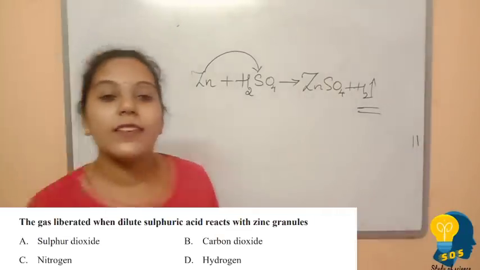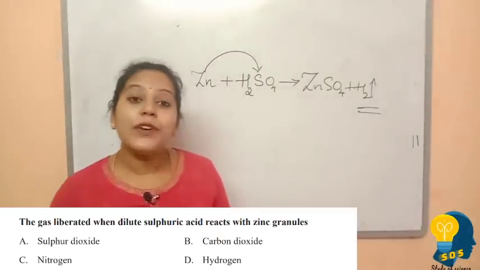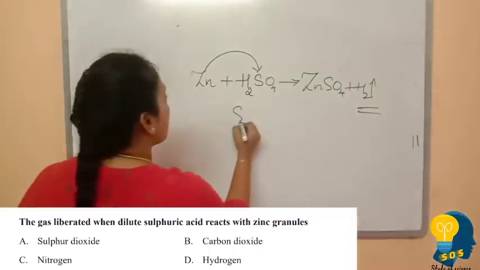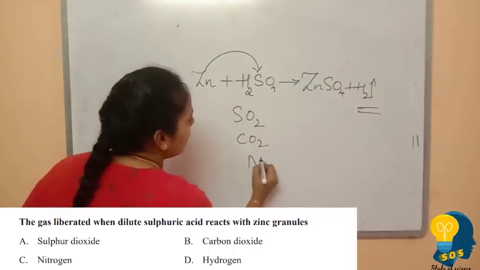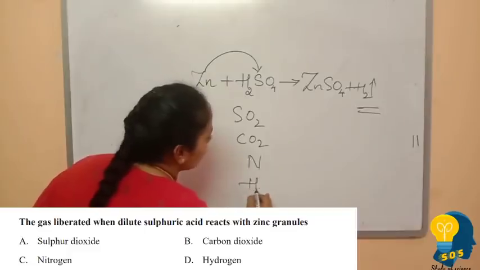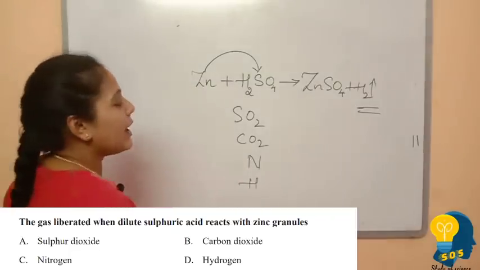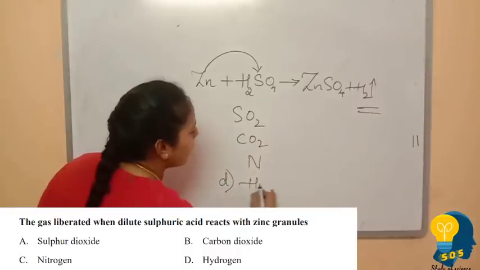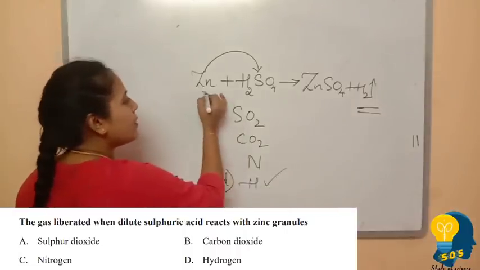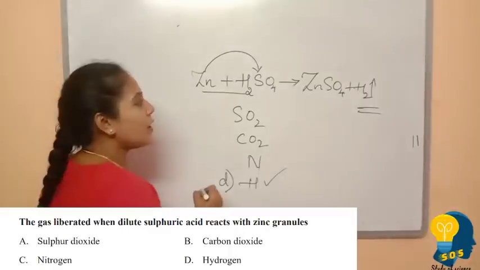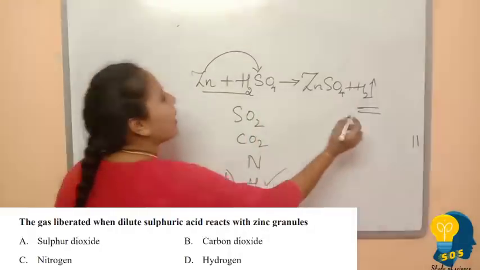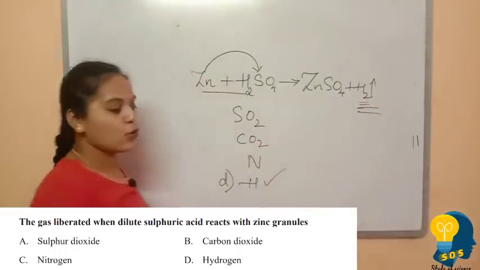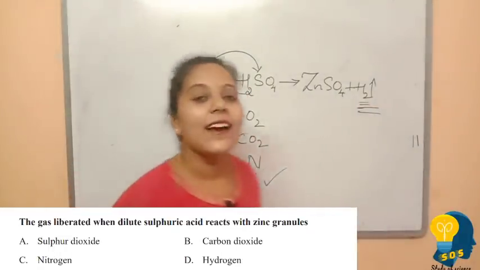The options given here are sulfur dioxide, carbon dioxide, nitrogen and hydrogen. So the correct answer is option D, because when zinc is reacting with the dilute sulfuric acid, zinc will combine with the sulfate and hydrogen gas will be released.